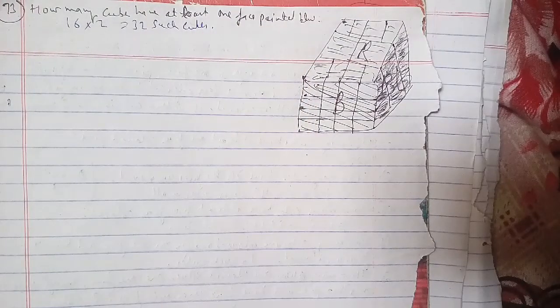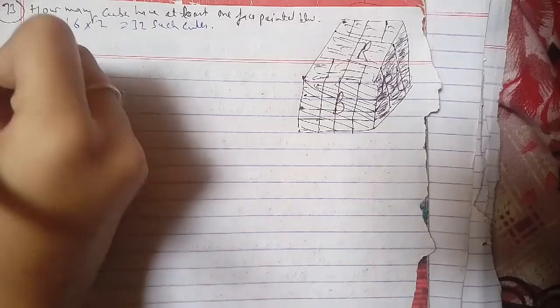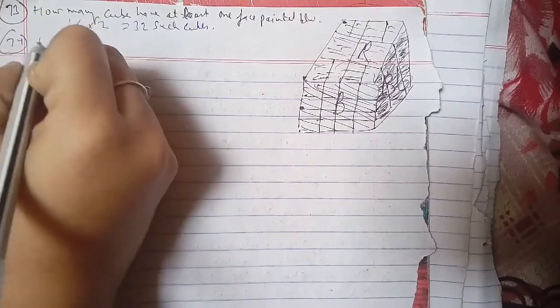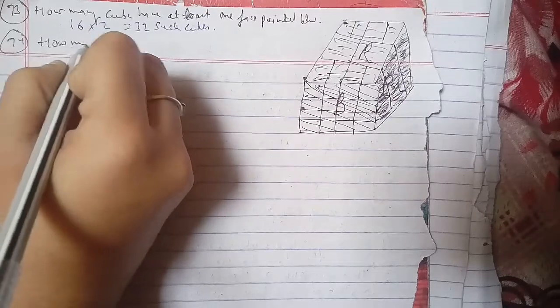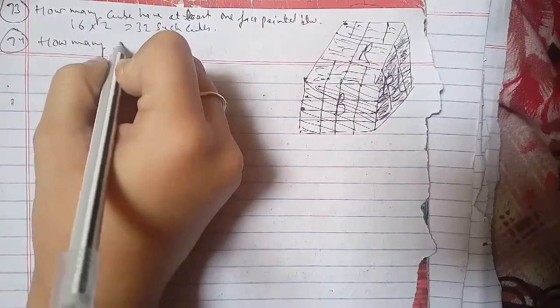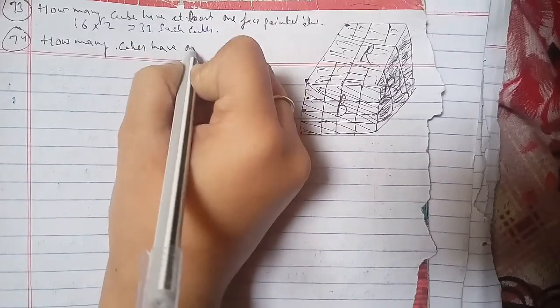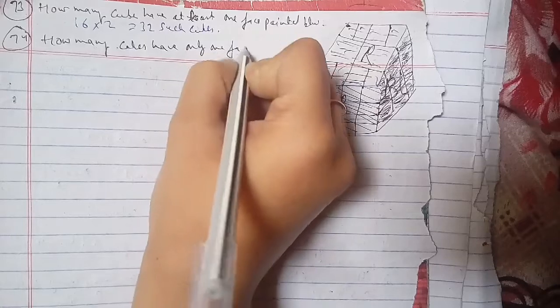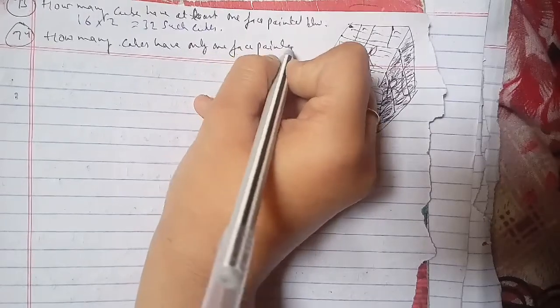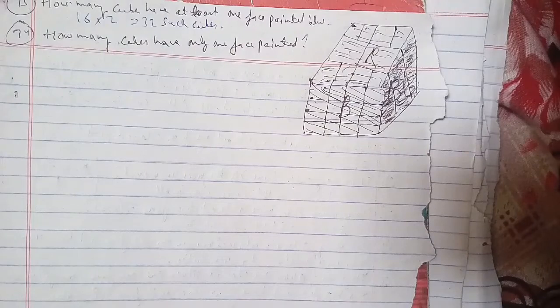Now we'll go ahead with another question. How many cubes have only one face painted? That is what we have to answer here. This is the 74th question. The options we have are 0, 4, 8 and 12.